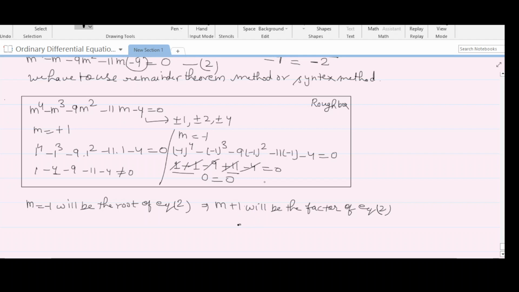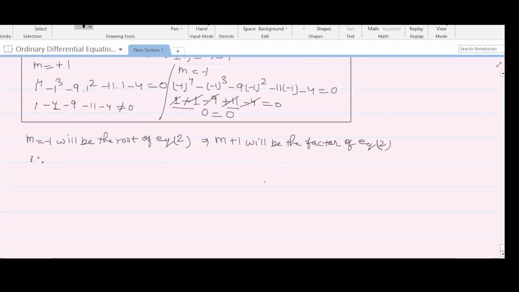If m plus 1 is the factor of equation 2, then it will definitely divide equation number 2.